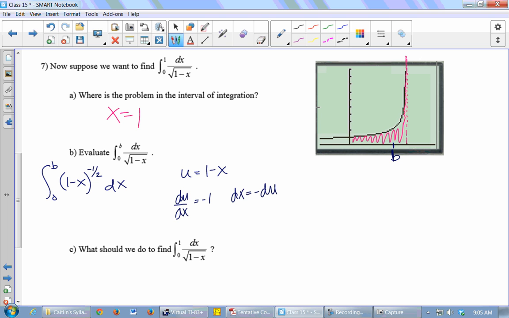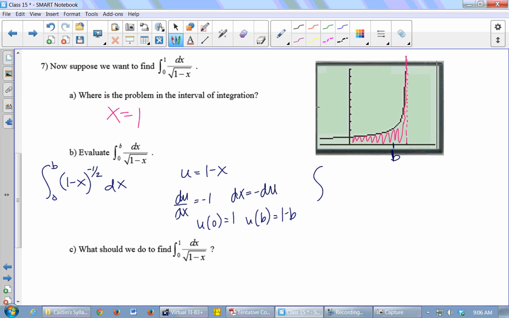Oops, that's supposed to be 0 to b. Okay. So now this becomes the integral from 0. Got to change my bounds too, right? u of 0, what's u of 0? 1. And u of b? 1 minus b.